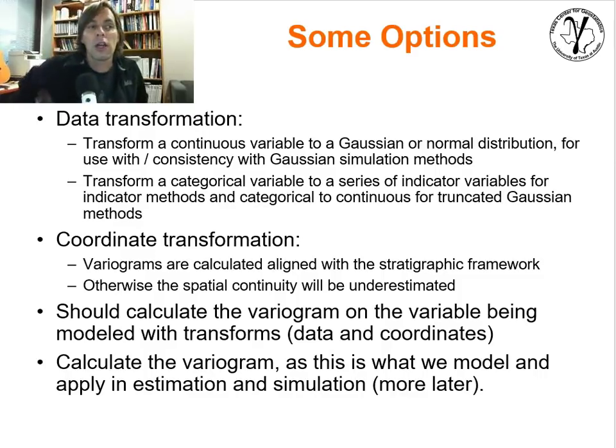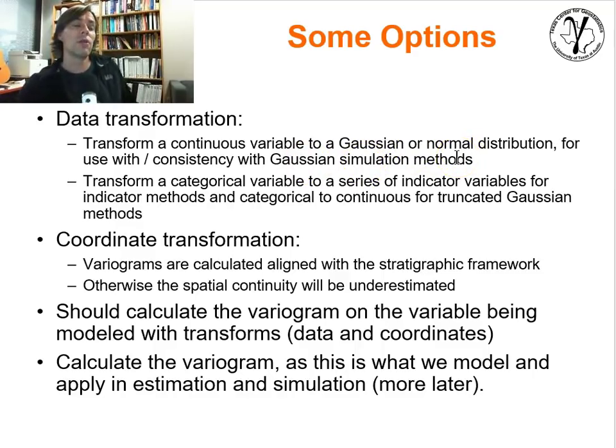Now, we should talk about some of the options, some of the other considerations. First of all, think about data transformations. There's a variety of different transformations you might be interested in. For instance, you may transform your continuous variable to Gaussian or normal, a normal score distribution with a standard normal distribution with a mean of 0, variance of 1, if you're working with Gaussian simulation methods.